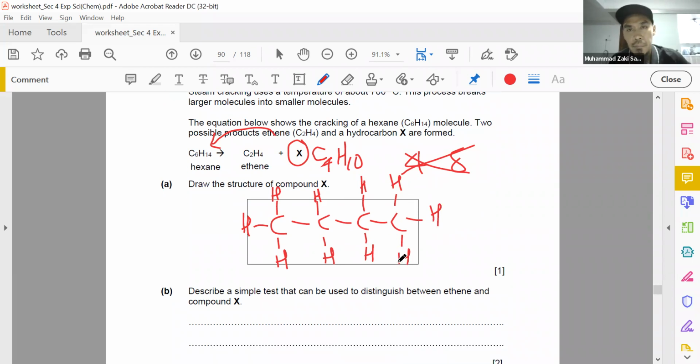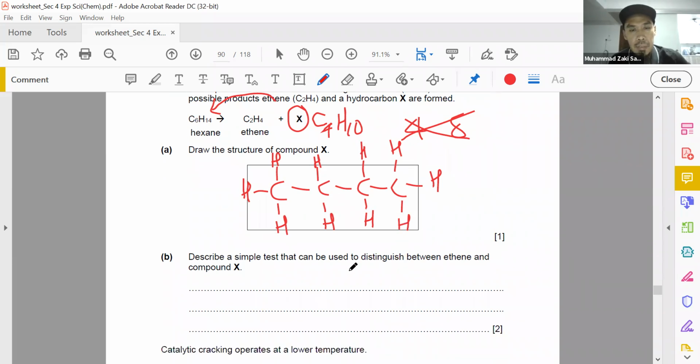Question 2B. Describe a test to distinguish ethene and compound X. So what is the difference between ethene and compound X? Ethene and butane. Here, the pronunciation properly: ethene, butane. One has a carbon-carbon double bond, one has no carbon-carbon double bond. Since this one has a carbon-carbon double bond, we can use this substance called aqueous bromine.